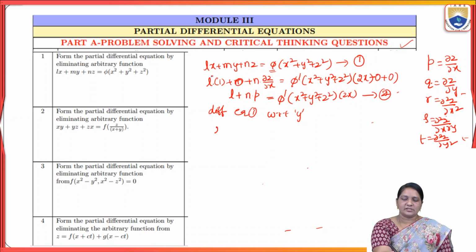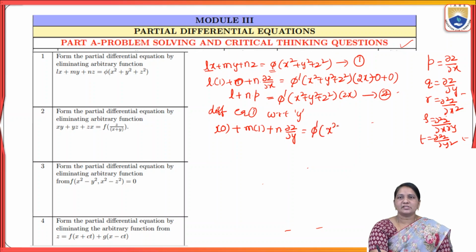So L and x both are constant, so the first term is 0. Next, the second one is m into the y derivative, which is 1, plus n into dou z by dou y, equal to phi dash of x square plus y square plus z square into the derivative of x square, which is 0 because this is a constant, and y square gives 2y, plus z square.